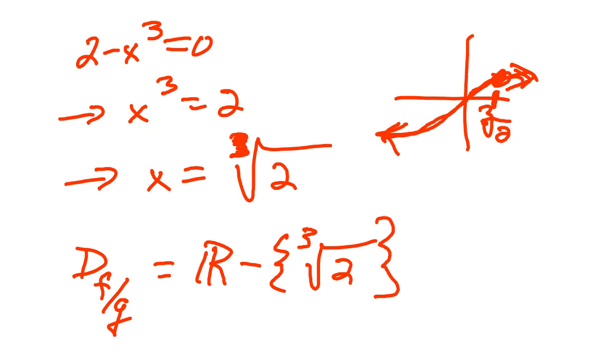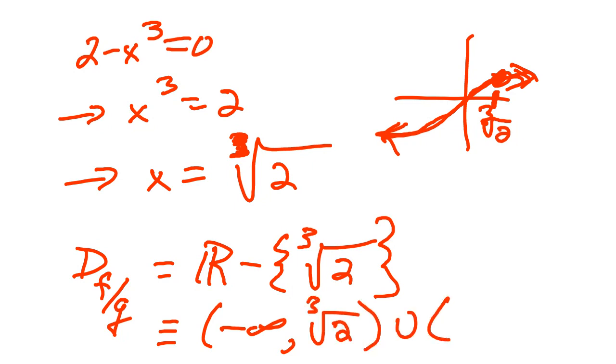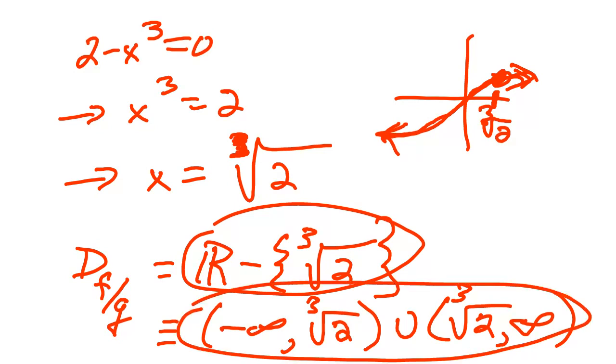So we can say the set of all reals excluding the cube root of 2, or that would be equivalent, for you interval lovers, minus infinity to the cube root of 2, but I can't include it, union along with the cube root of 2 all the way to infinity. Okay, so that's another interval way. Both of these, along with the set builder notation that I gave you on the other page, are good ways to show what the domain is.